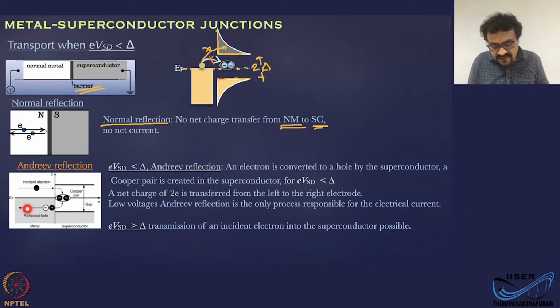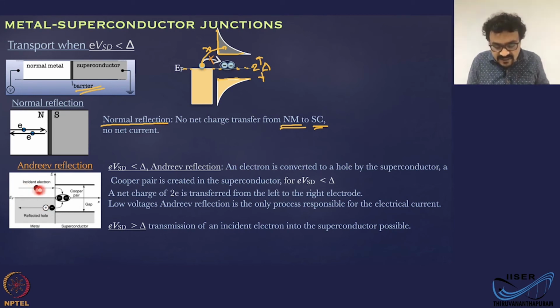That hole will backtrack, or will move in the opposite direction. The hole will reflect back. This is the electron you have injected into the interface, then we'll pick up another electron, then that hole which is left behind will travel in the reverse direction. So these two are actually complementary. So their charge will cancel each other.